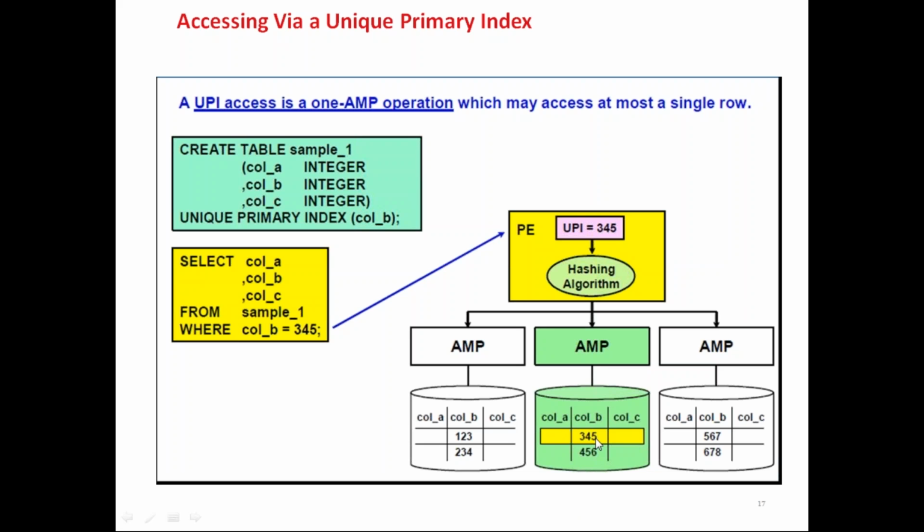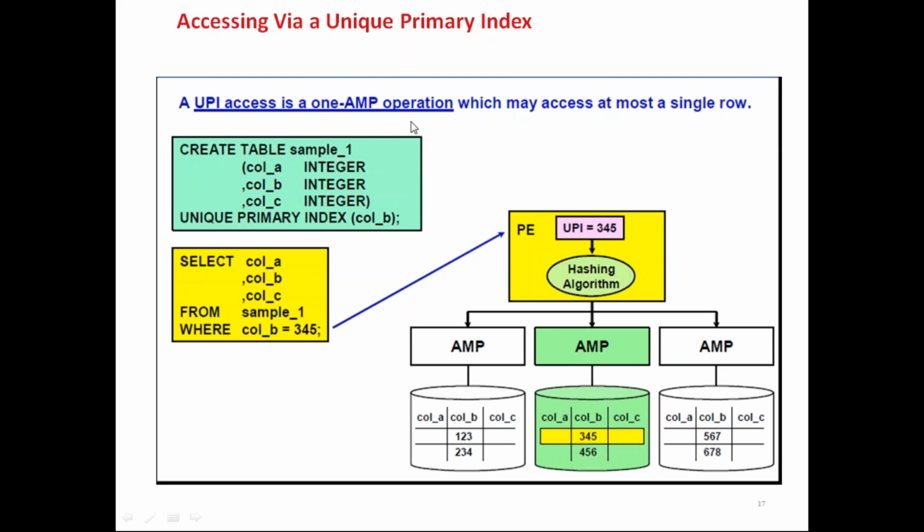Okay, let's suppose 345 has 4 records. So all these 4 records will be stored in the same AMP. So when you request the 345 data, all the rows which exist in this AMP2 will be retrieved back. Okay, so in the case of a non-unique primary index also, it is a one AMP operation.